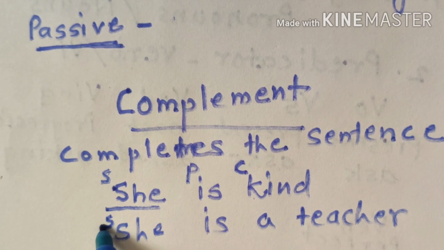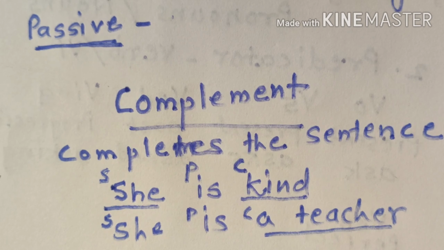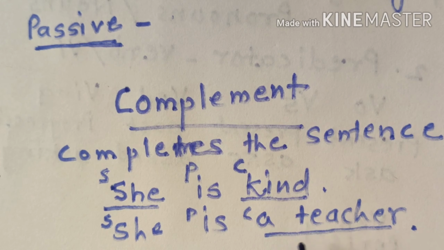Here also subject, predicator, and teacher is a complement. So we see that in both these sentences, if we remove kind or a teacher, they cannot be completed. Means "she is" is not a complete sentence. Secondly, we cannot put kind in the place of the subject and make it passive. "Kind is by her," like this we cannot say. So kind is a complement, teacher is a complement.